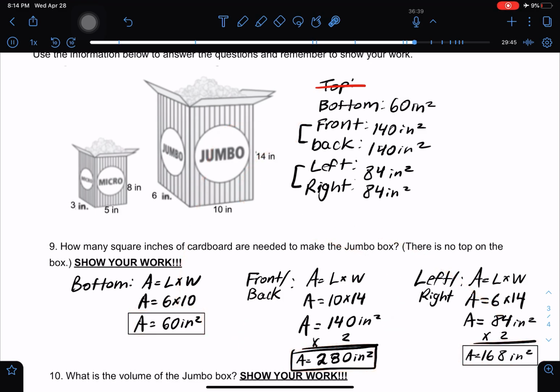When you add these 6 sides together, or when you add these 3 computations that we just did together, we get a final answer of 508. And this is 508 squared inches. And we would say this is surface area. So surface area equals 508 squared inches.